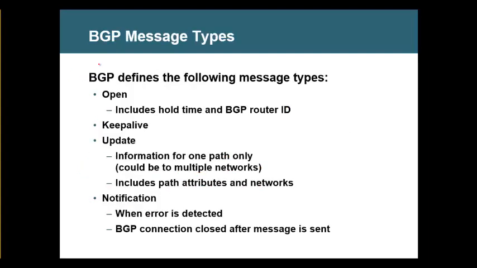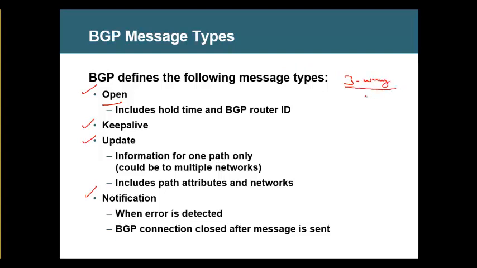We also saw that there are 4 different types of packets. One is the open message, the other one is keepalive, the other one is the update message, and notification. The open message is sent, as the word says, open, immediately after the 3-way handshake between 2 routers.